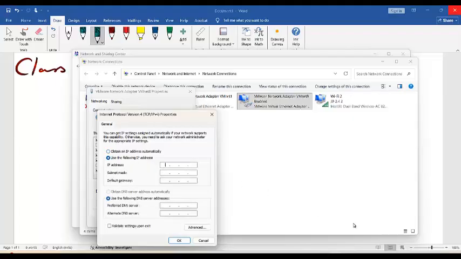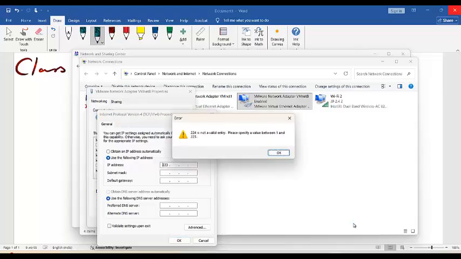I'll just type that number. When I say 222, it's not complaining. 223, not complaining. 224, immediately it says, not a valid entry. Please specify any number between 1 to 223. Yeah, that's the unicast range.